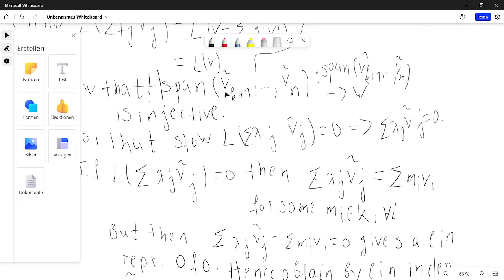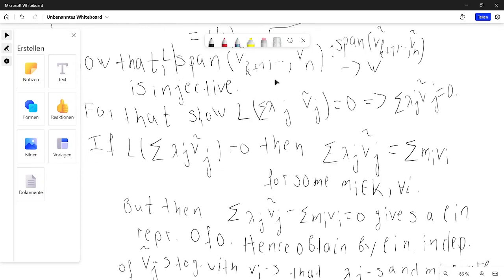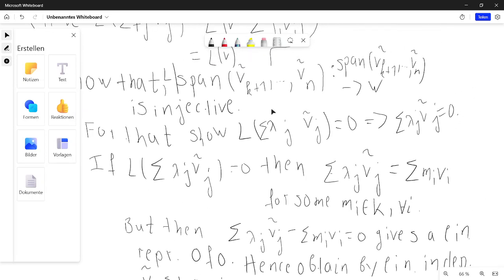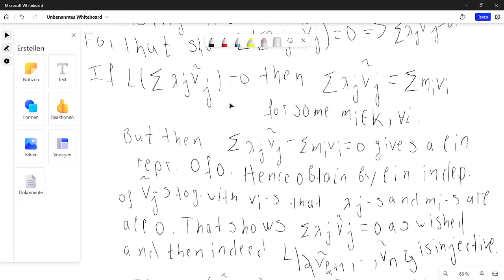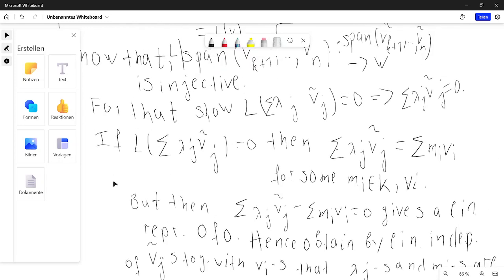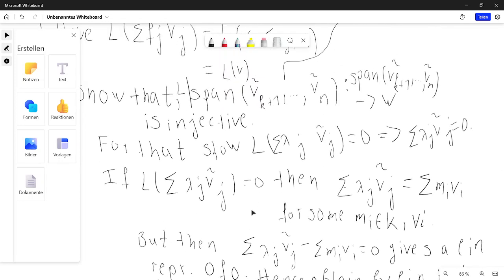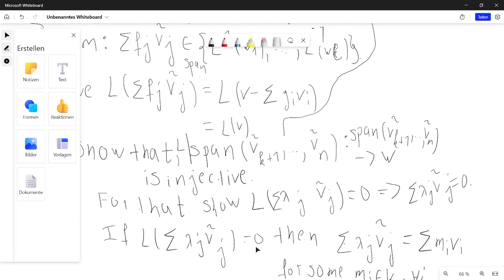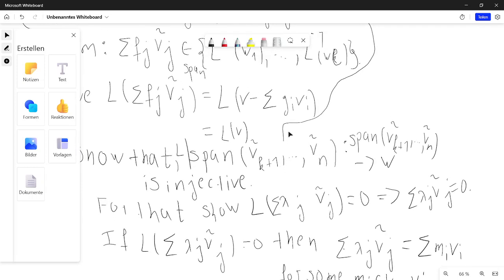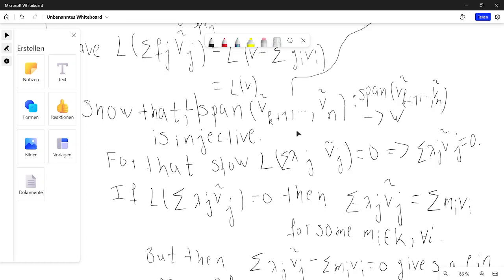So we have shown injectivity exactly by the choice of this basis, modded out by the kernel, and we used that this is what remains if we remove the basis of a kernel from a basis.